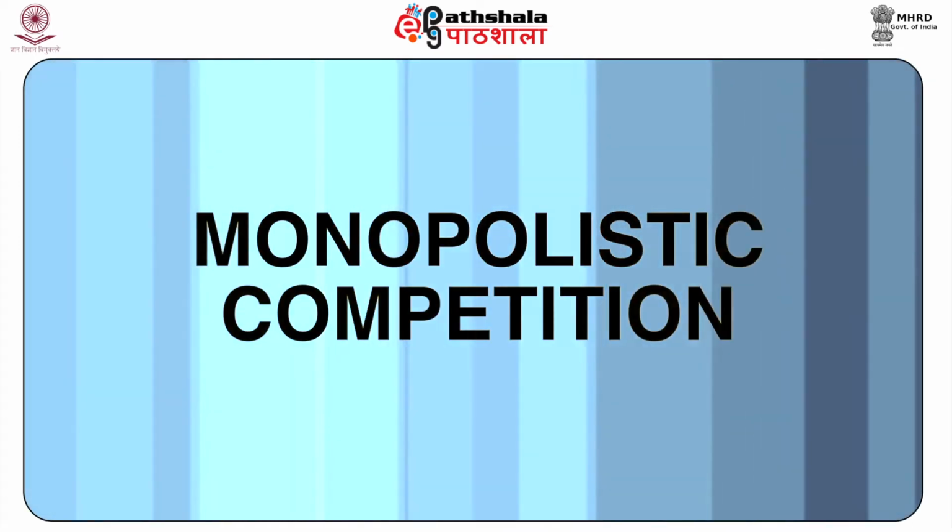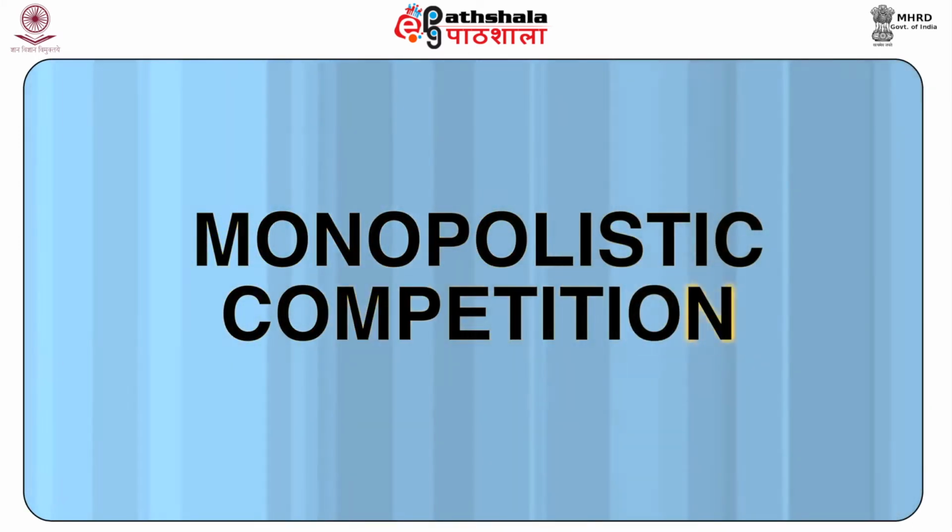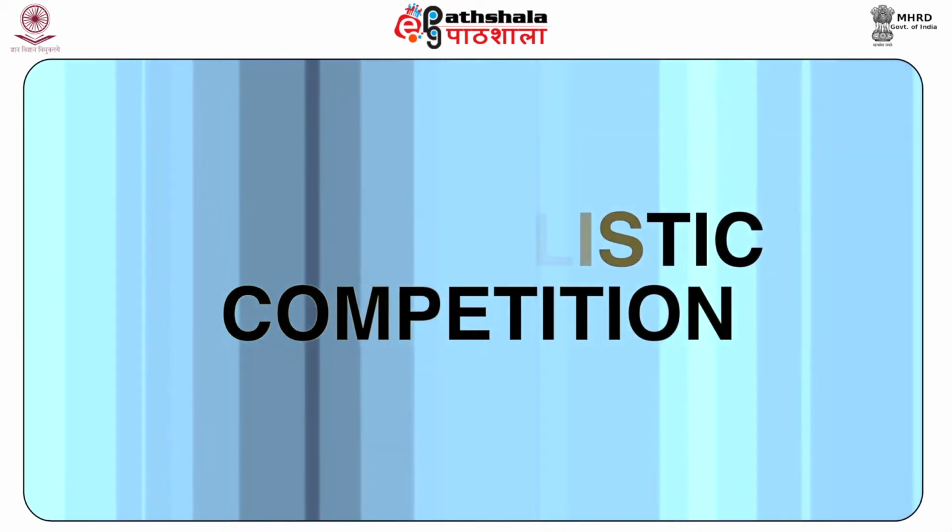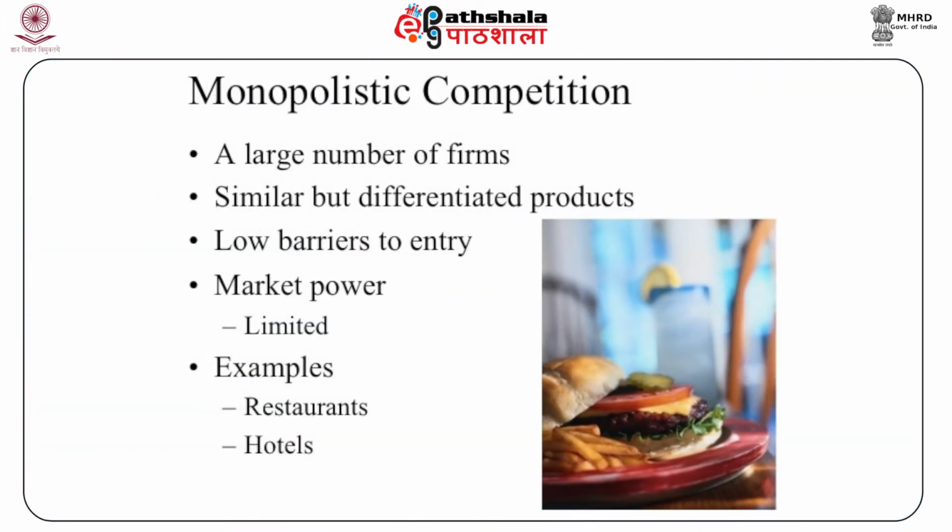The second type of imperfectly competitive market structure is monopolistic competition. Monopolistic competition is a blending of both monopoly and perfect competition. Thus, monopolistic competition is a form of market structure in which a large number of firms are supplying homogeneous but slightly differentiated products.